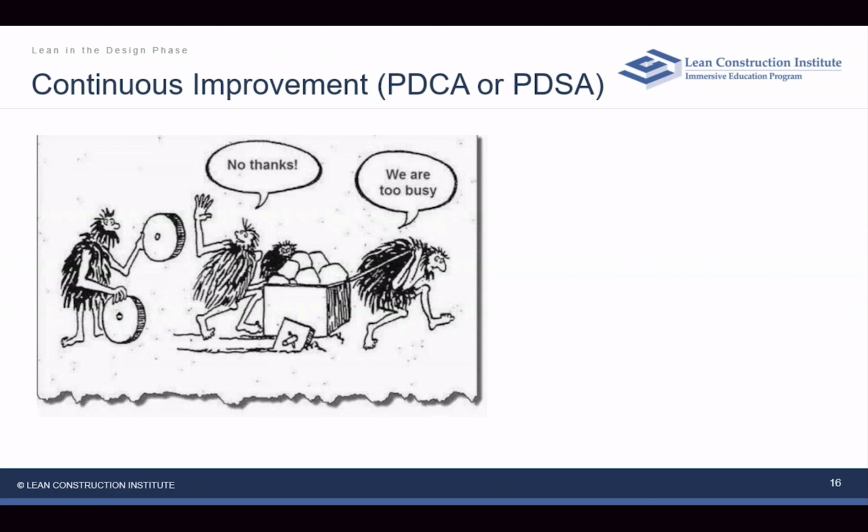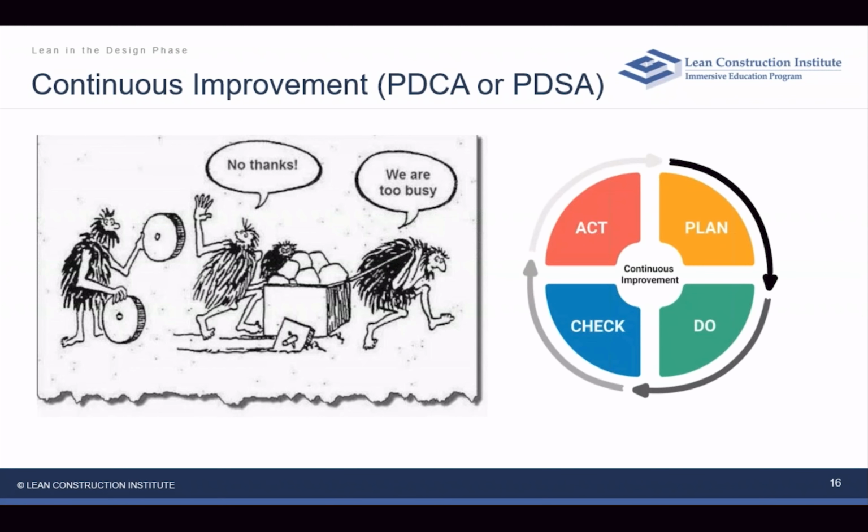So we can't talk about lean without talking about continuous improvement and the PDCA cycle. The PDCA cycle, plan, do, check, act, is a continuous improvement cycle, and that came out of manufacturing again.